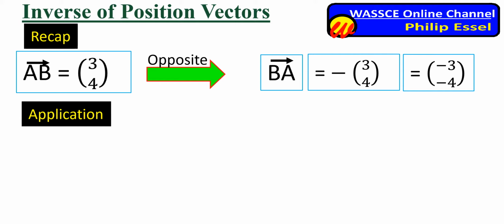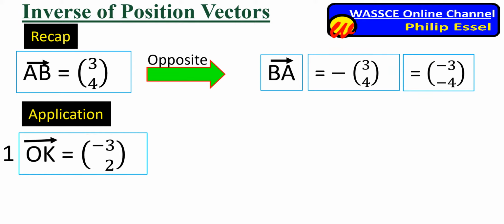Let's take example 1. The position vector OK equals (-3, 2). We want to find its opposite or inverse.